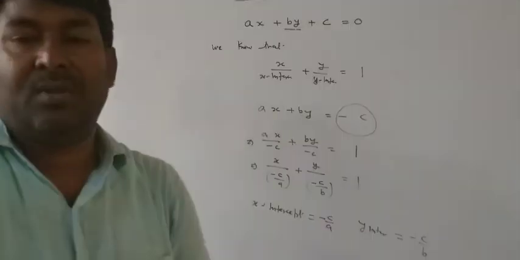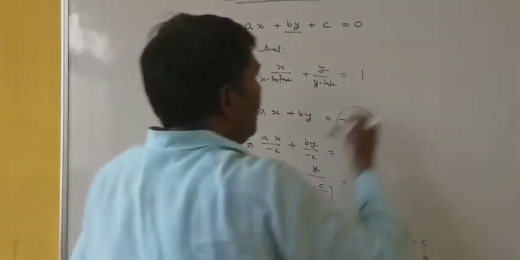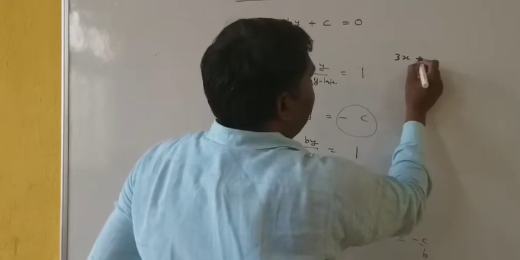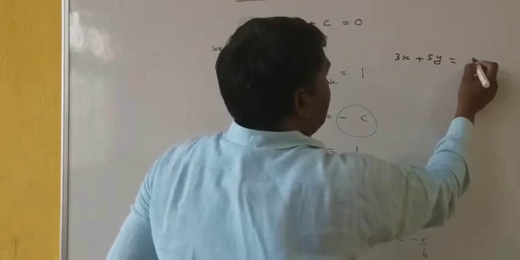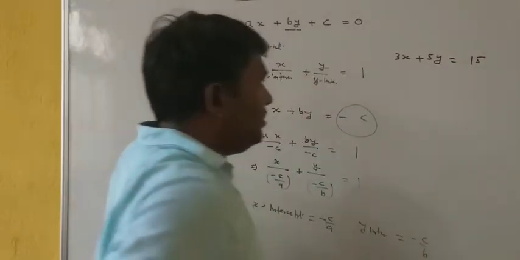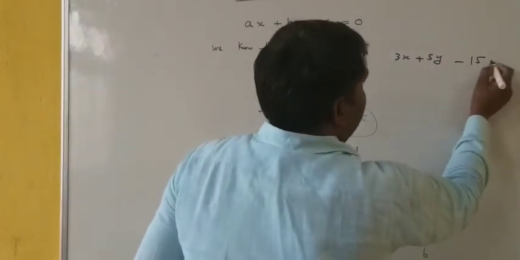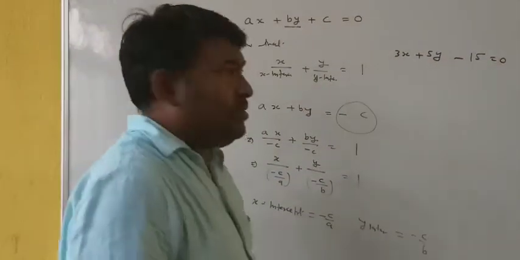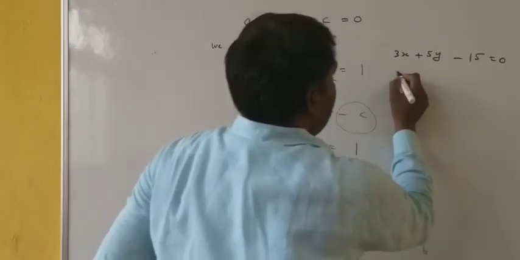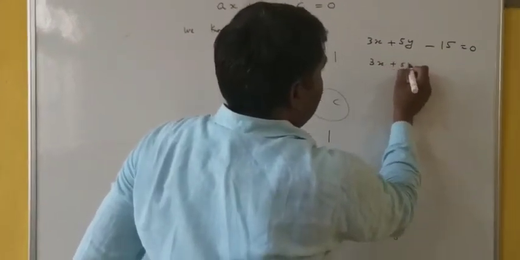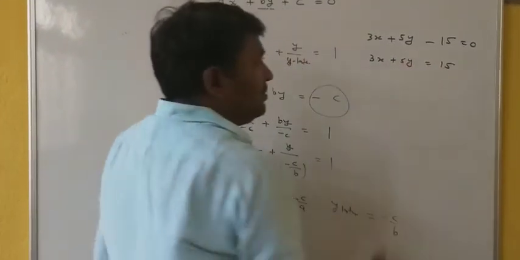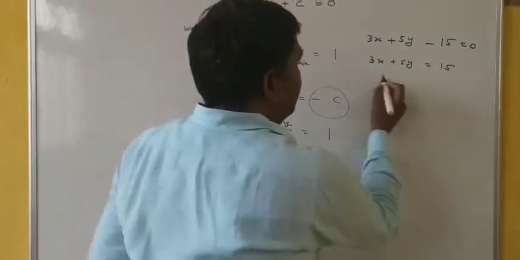Just see, for example, if you are given 3x plus 5y is equal to 15, suppose, or 3x plus 5y minus 15 is equal to 0, then as per the rule you have to transpose this constant term to the right hand side, dividing each term on both sides by this constant term.